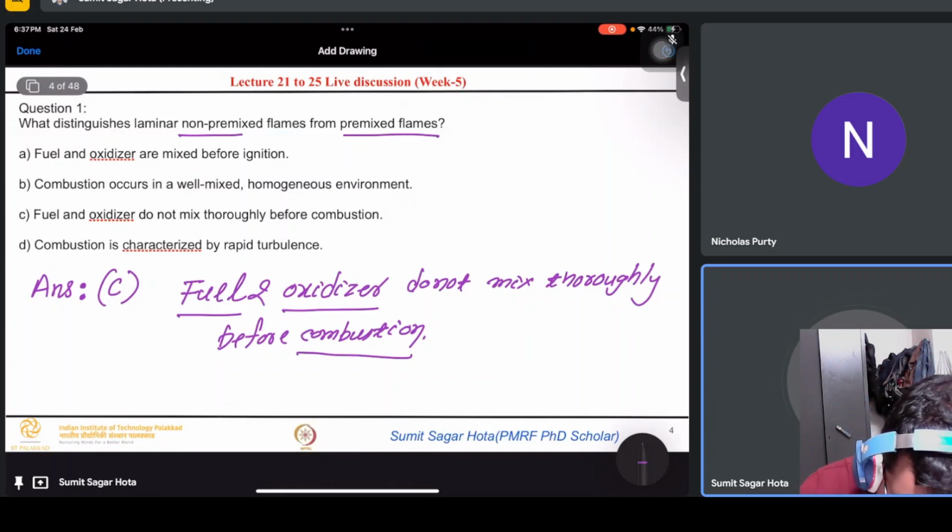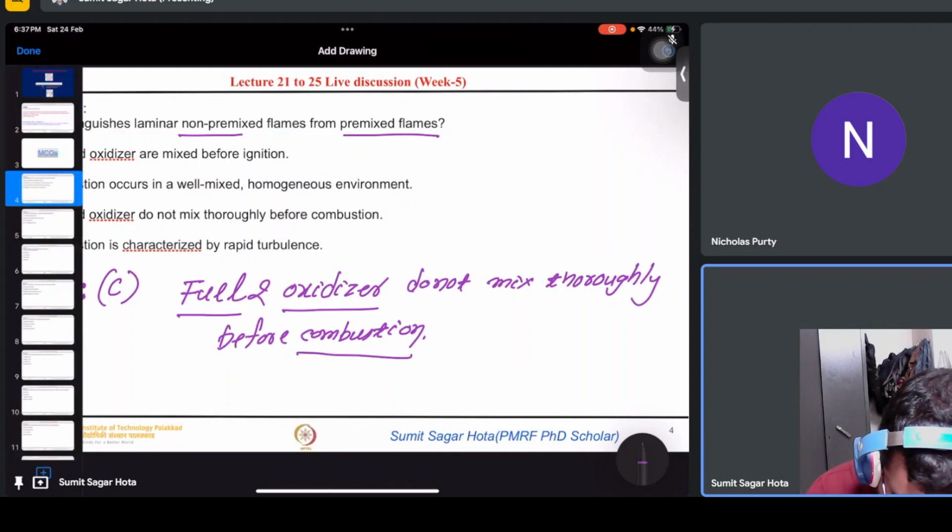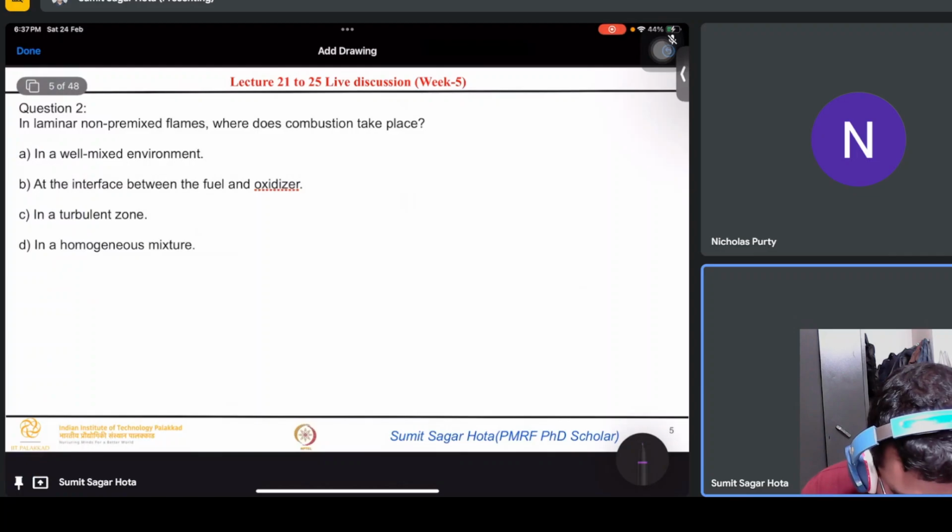What distinguishes them is where the reaction takes place, and in a non-premixed flame the reaction takes place not in a mixed environment.